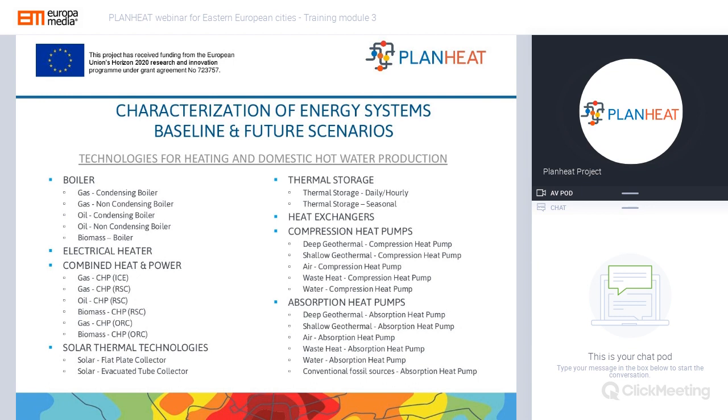So, about heating and domestic hot water production, we have different technologies available in the system. Starting with the very conventional and usually used boilers like a gas condensing boiler or non-condensing boiler, oil condensing and non-condensing boilers, or biomass boilers, followed by electrical heaters. Then combined heat and power is also taken into consideration with many subgenres.